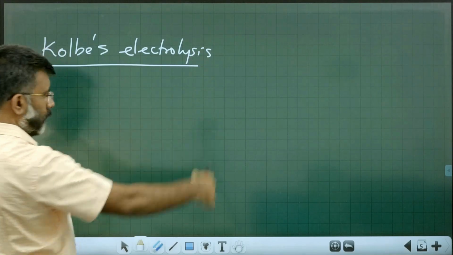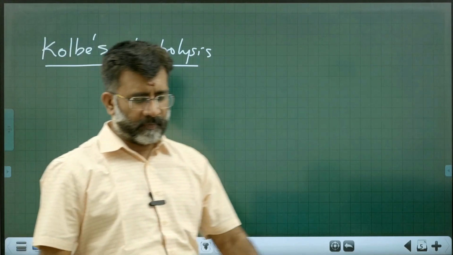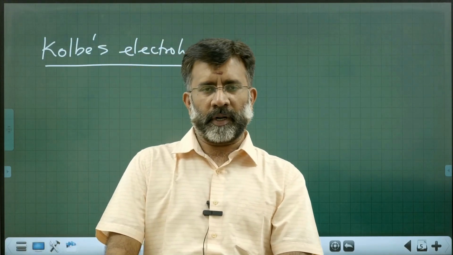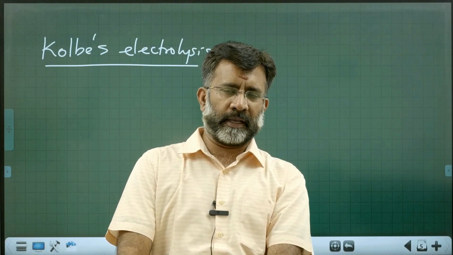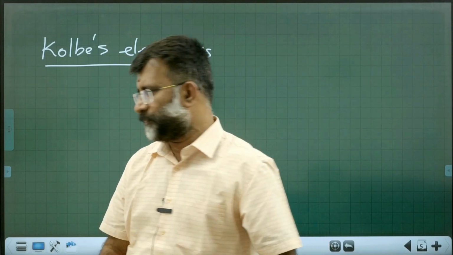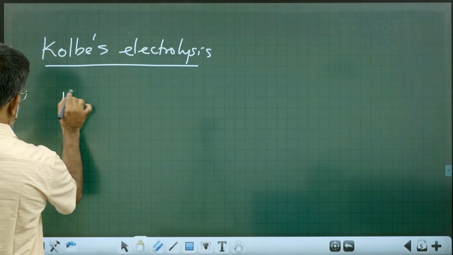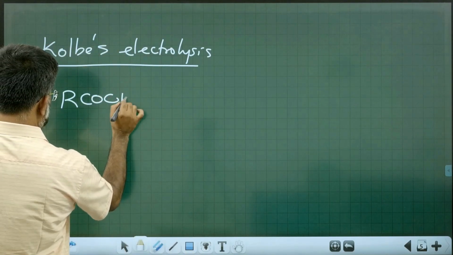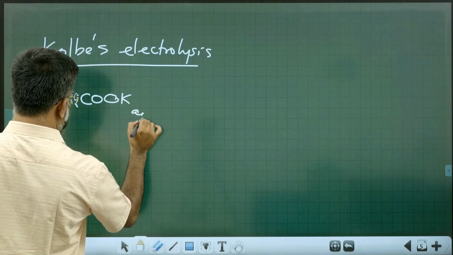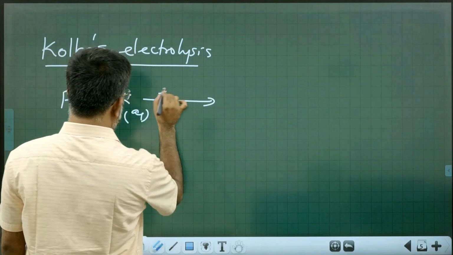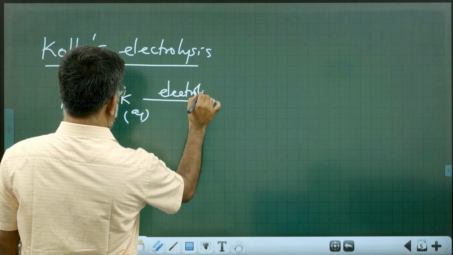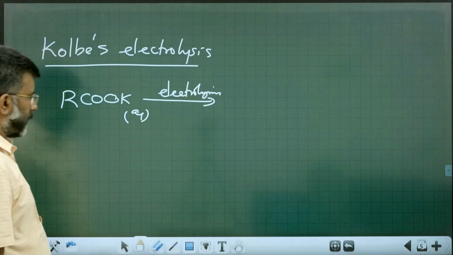Kolbe's electrolysis. Right? Here what we take is a potassium or sodium salt of carboxylic acid and we electrolyze it. Electrolysis is done.